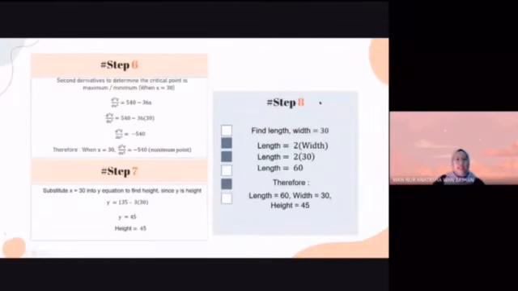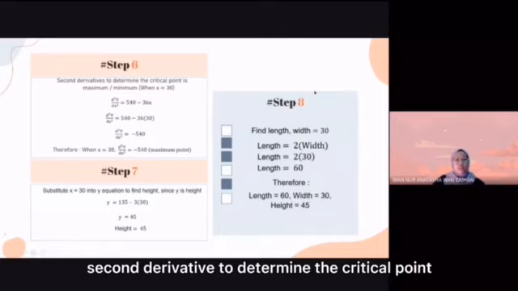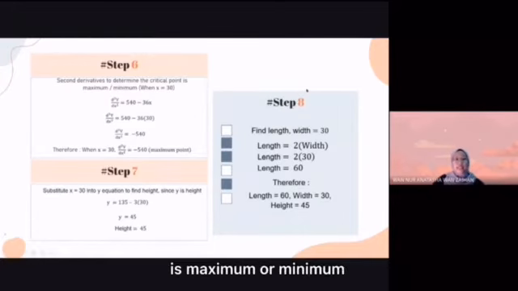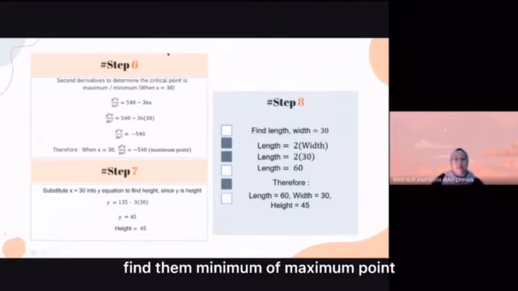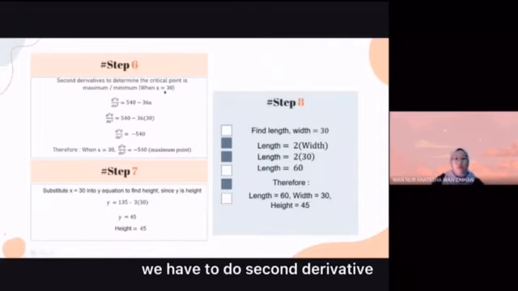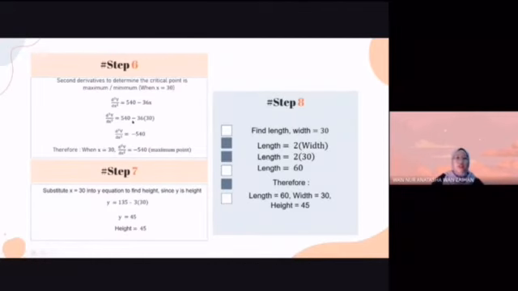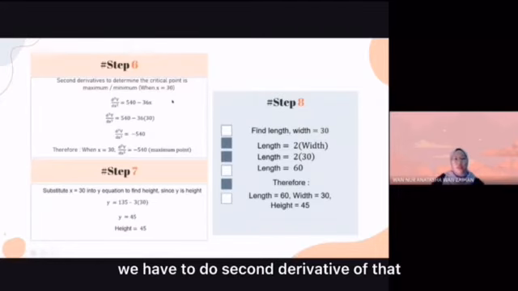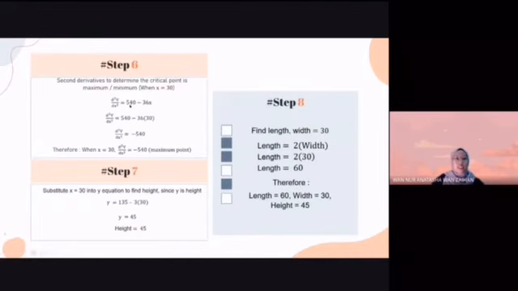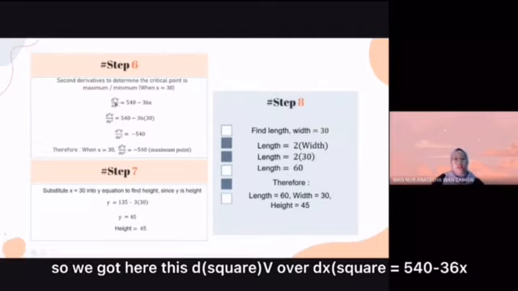Step 6. Second derivative to determine whether the critical point is maximum or minimum. When we want to find the minimum or maximum point, we have to do the second derivative. So from dV over dx, we get d squared V over dx squared equal to 540 minus 36x.